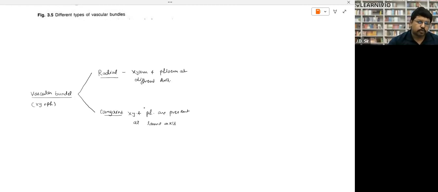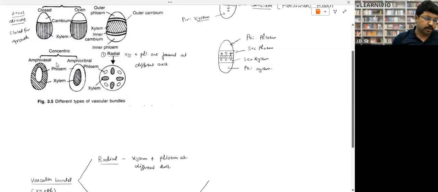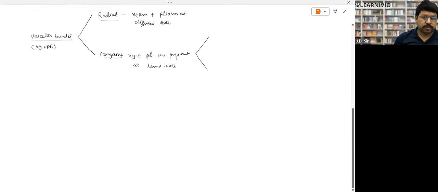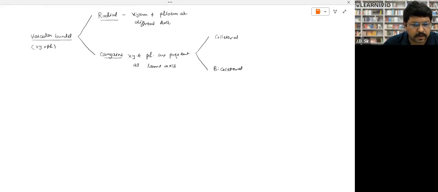Again, conjoint vascular bundle may be of further types. Radial has just a single type, right? Conjoint vascular bundle may be of three types. So either they will be collateral or bicollateral, right?